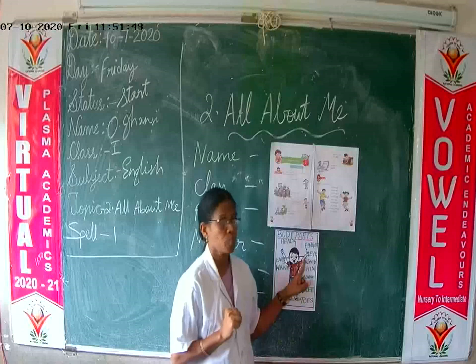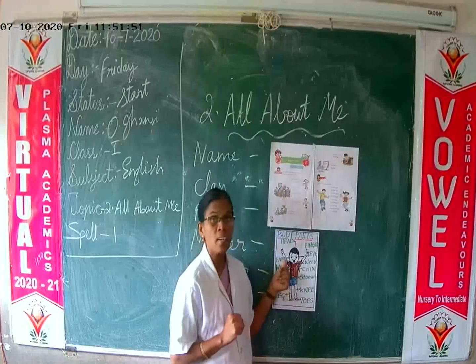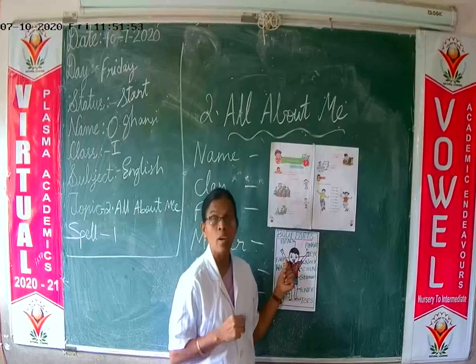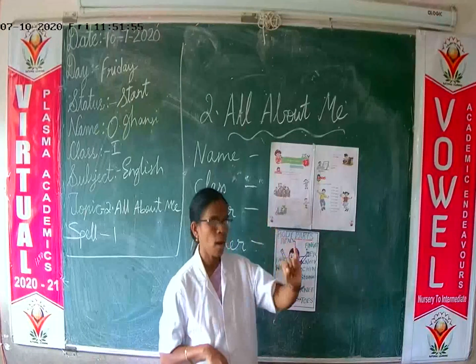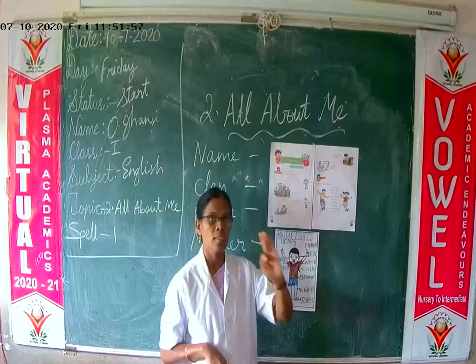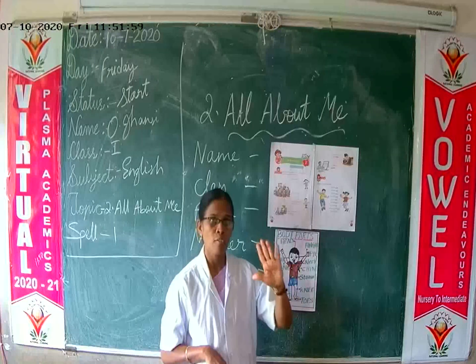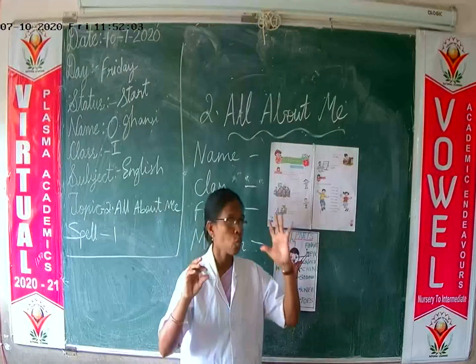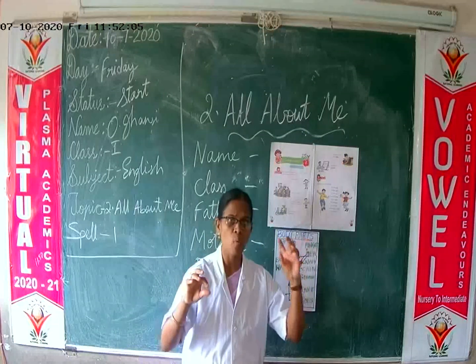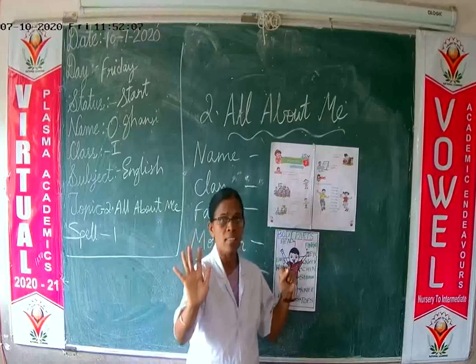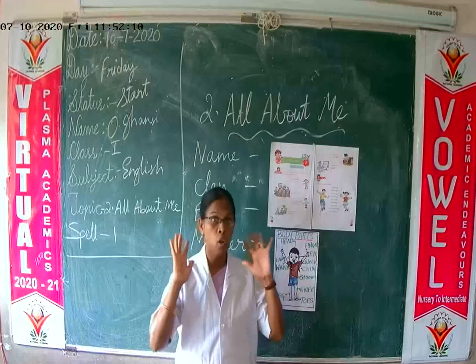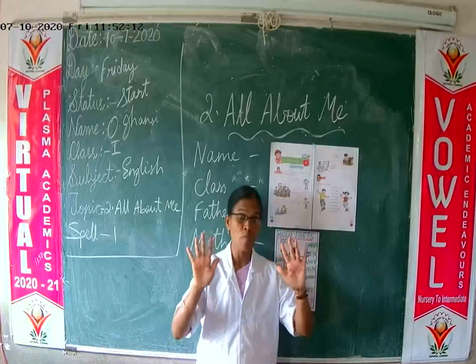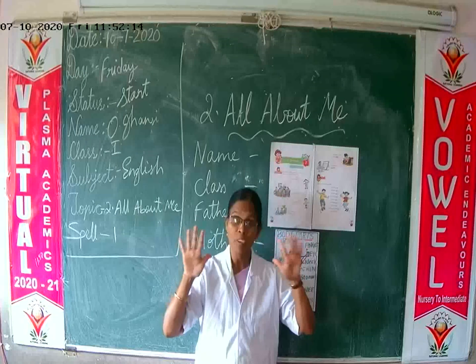Yes children? Okay, on the other hand, again how many we have? 5. See, 1, 2, 3, 4, 5. So all together, on each hand we are having 5. One hand 5 fingers, other hand 5 fingers. So all together 10 fingers we have.